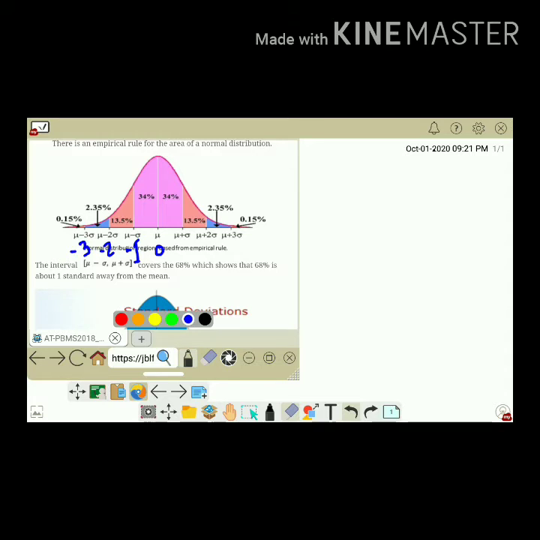Okay, this is 1, 2, 3. How would you say that? For your standard normal curve, your mean is 0 and your standard deviation is 1. So, 0 plus 1, that is 1. Next, 0 plus 2 times 1, that is 2.